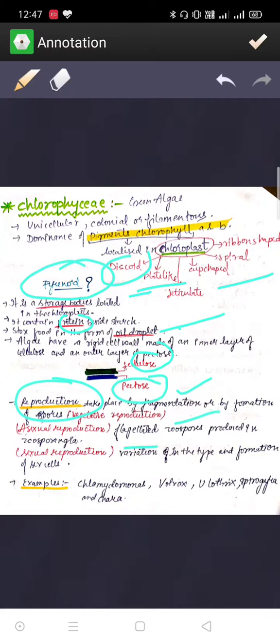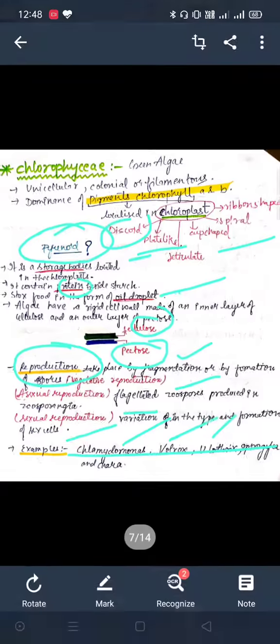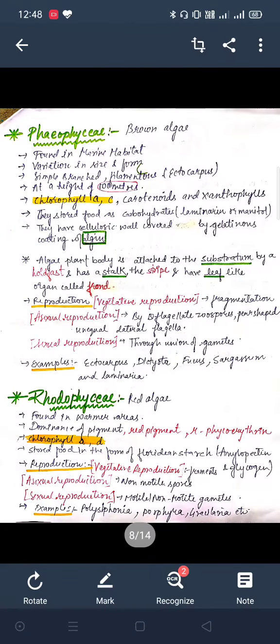Sexual reproduction takes place with sex cells, which are either isogamy, anisogamy, or oogamy. So examples of green algae are Chlamydomonas, Volvox, Ulothrix, Spirogyra, and Chara, etc.